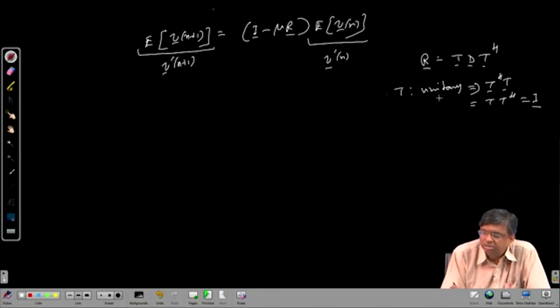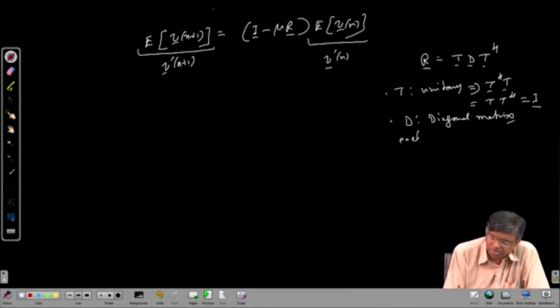Basically, all the columns are the orthonormal eigenvectors of R, and D is a diagonal matrix, each diagonal entry is an eigenvalue of R, but R is Hermitian, so they are real.